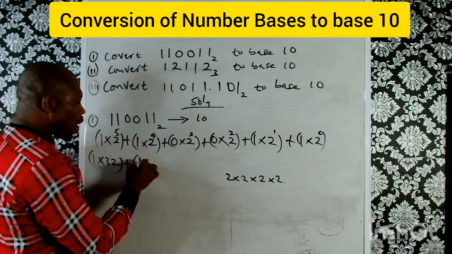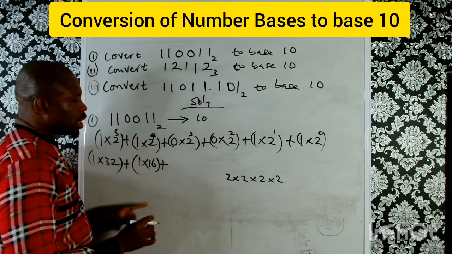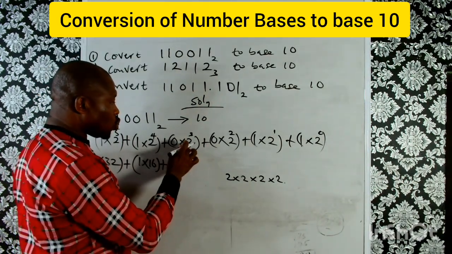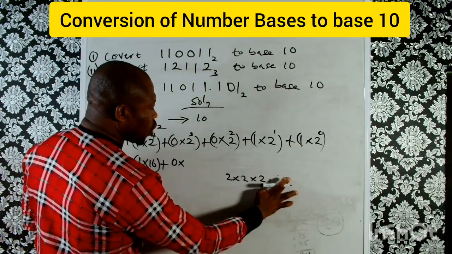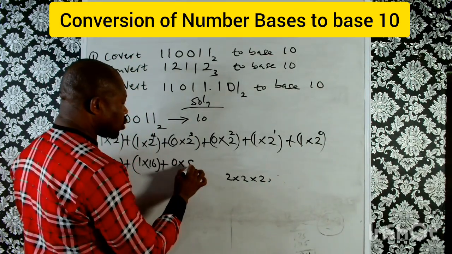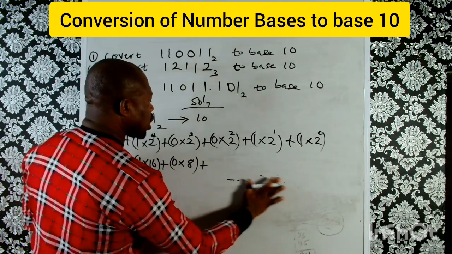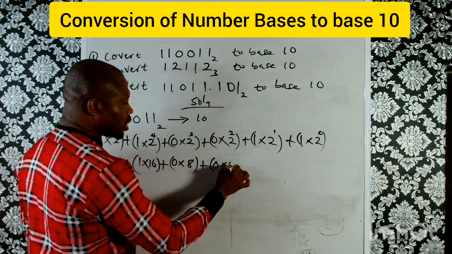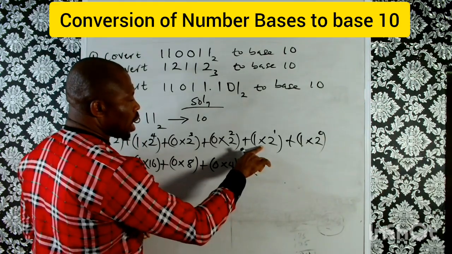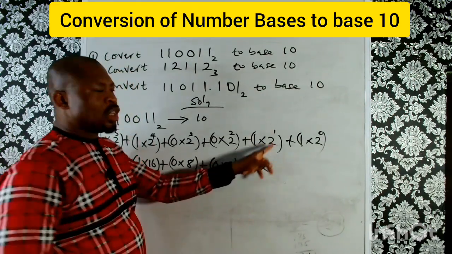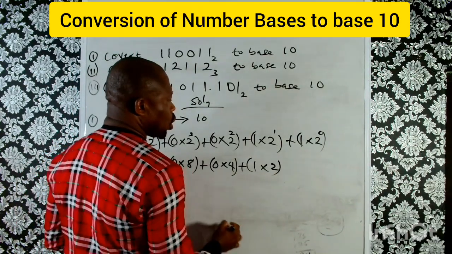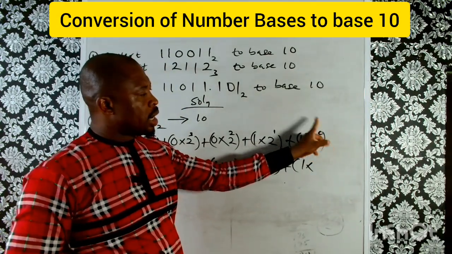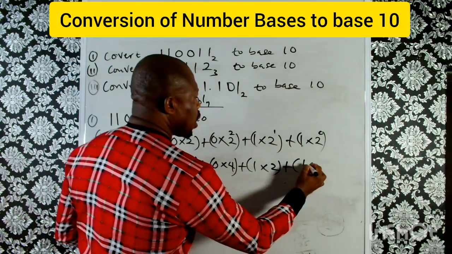So it will now give us 1 times 16 plus 0 times 2 raised to power 3, which is 2 times 2, 4, times 2, 8. 0 times 8 plus 0 times 2 squared, which is 4, plus 1 times 2 raised to power 1, which is 2. Now plus 1 times any number raised to power 0, and 2 raised to power 0 is 1.